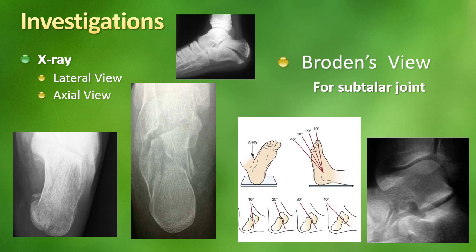The heel may look broad and visibly swollen. The surrounding soft tissue may be thick and grossly tender. Details of the lateral malleolus may be lacking, and one cannot move the subtalar joint. So these are the common clinical features associated with calcaneum fractures.